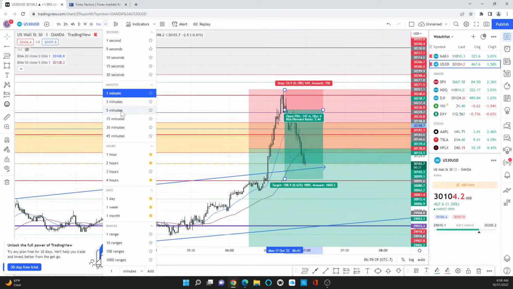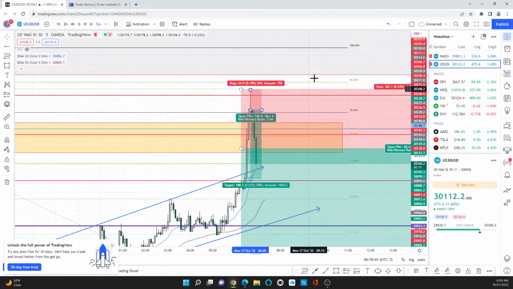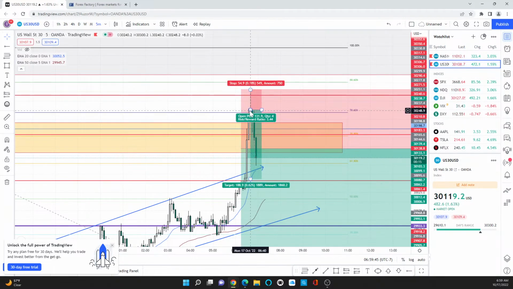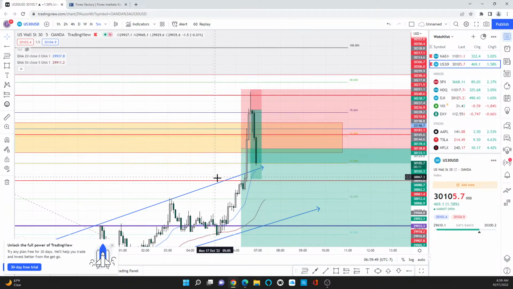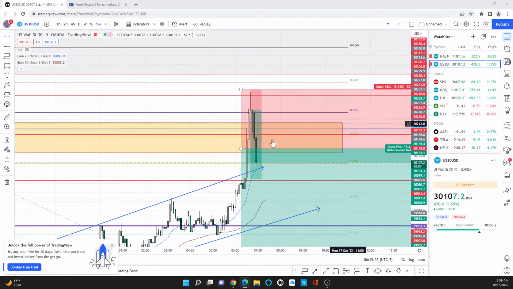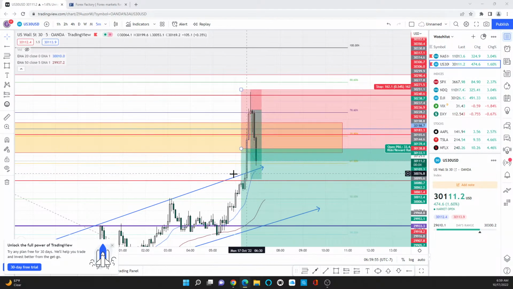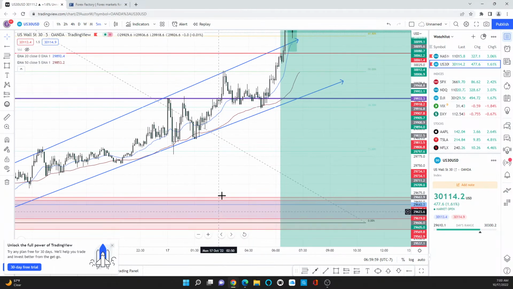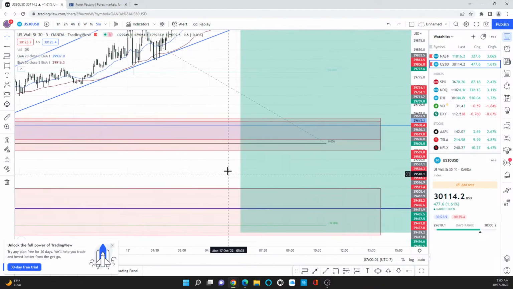And then if we go to the 5 minute, looks decent. Came up to this level. I mean, I did have it falling all the way right here. I just don't know if it'll do that.